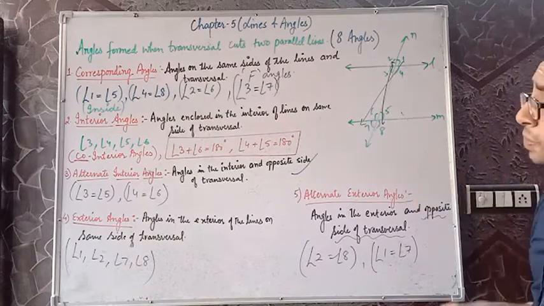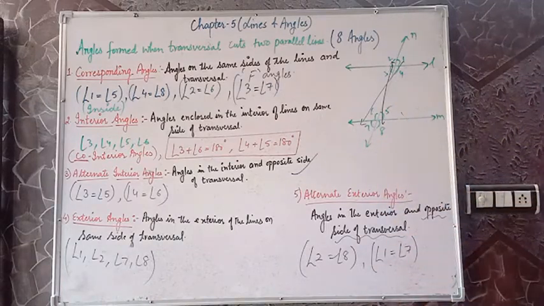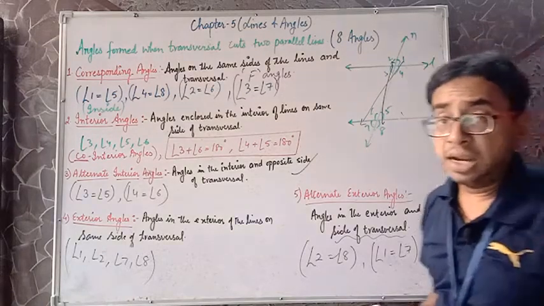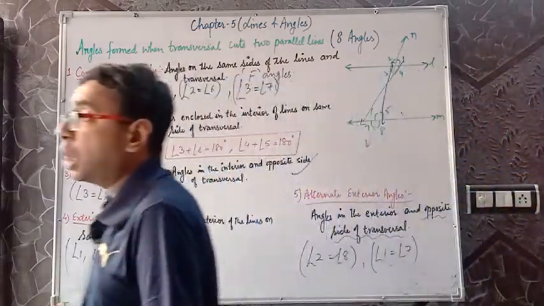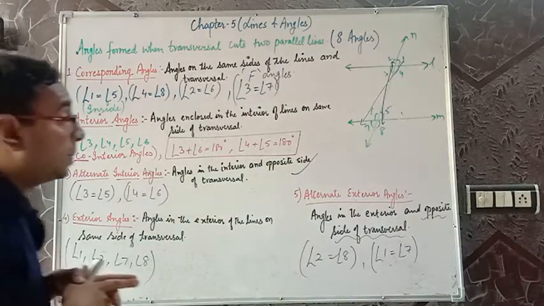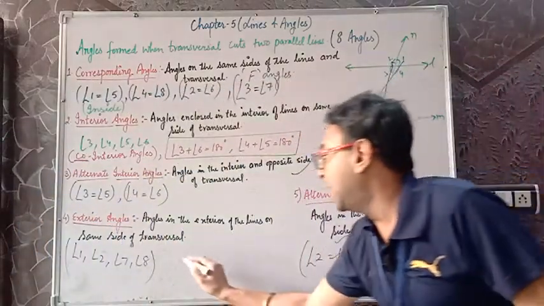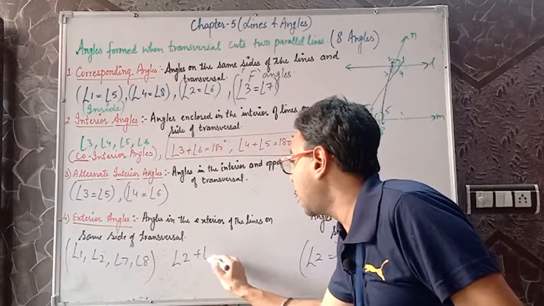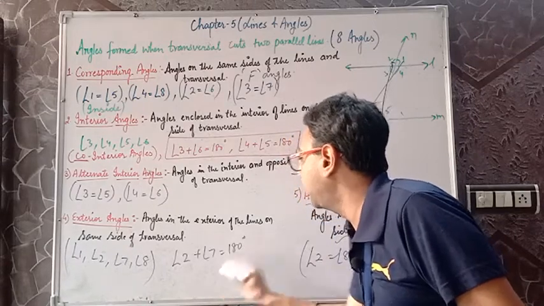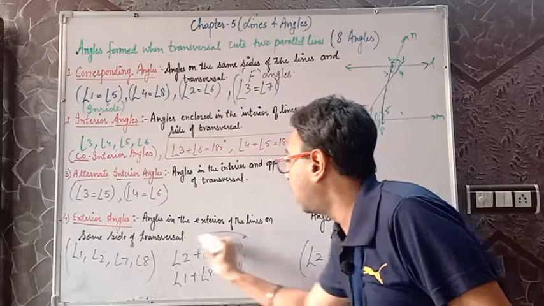Now same thing. Why is 2 not equal to 7, or why is 1 not equal to it? Because another property is there, that the angles on the same side of the line and the same side of the transversal, exterior angles I am talking about, they are supplementary. Supplementary again means that angle 2 plus angle 7 is 180 degrees and angle 1 plus angle 8 is equal to 180 degrees.